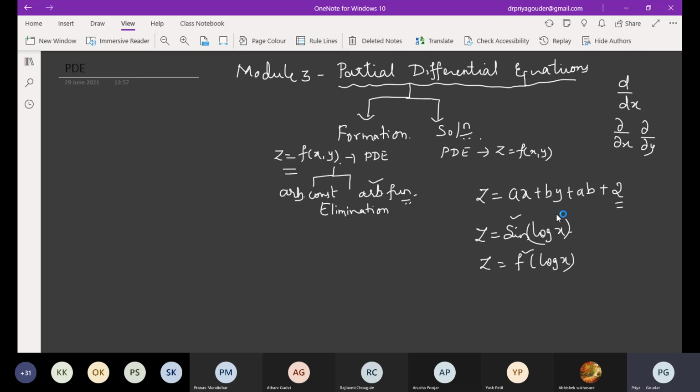Because this f may be sine, it may be cos, it may be exponential, it may change. If I say sine, it is sine only. If I differentiate, it becomes cos, but sine cannot be something else. So this is a fixed function and this is an arbitrary function.